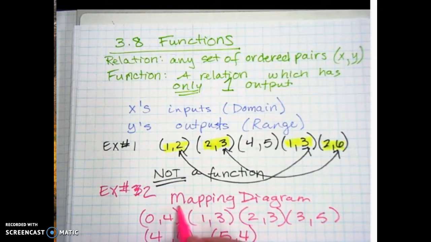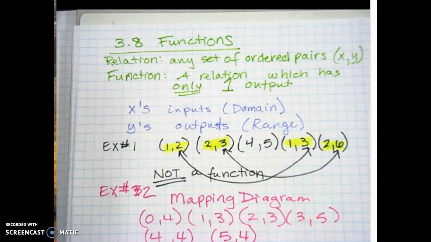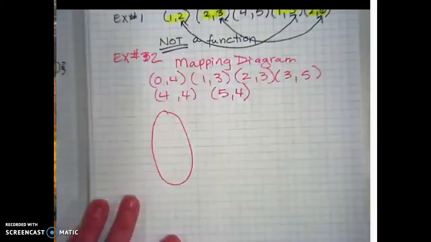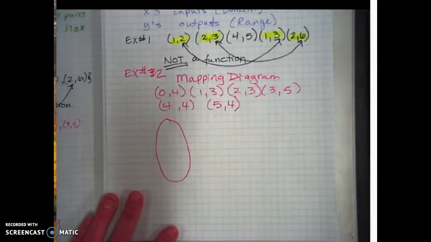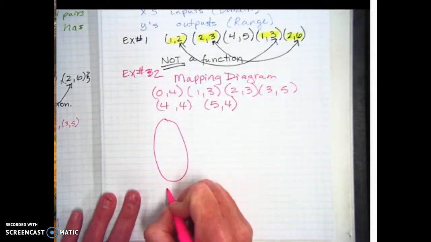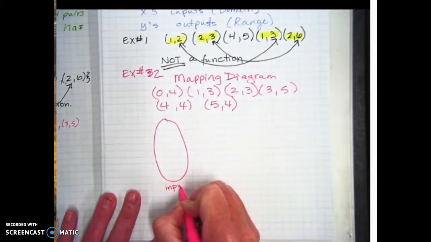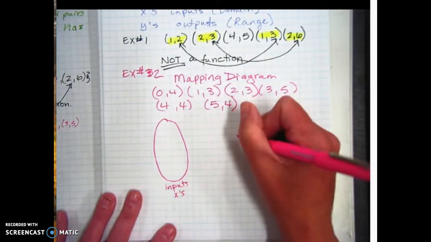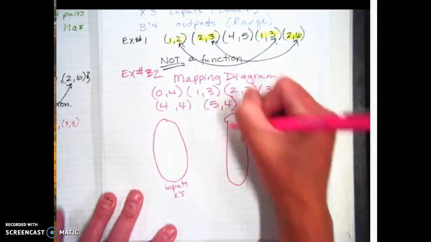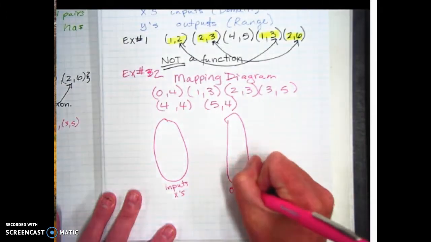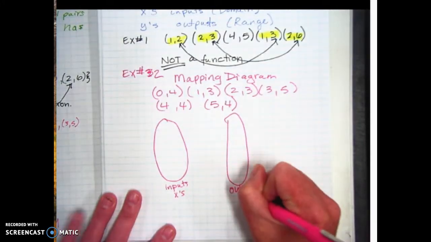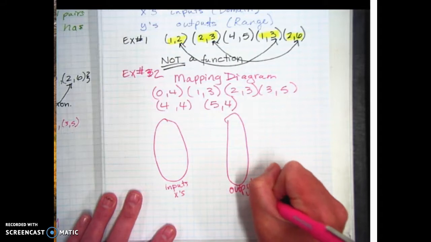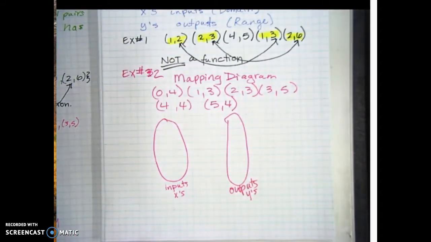Okay? If you're asked to do this mapping thing, you're going to shrink that down a little bit. There we go. Now you can see it. You're going to put your inputs, or your x values, in the first oval, and then map them or connect them to your outputs, or your y values.